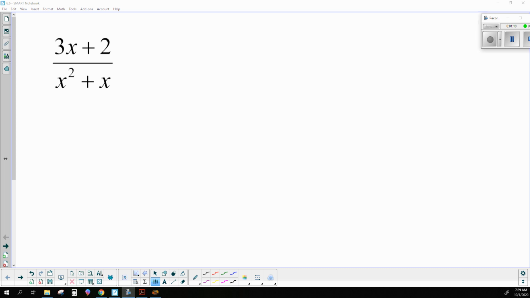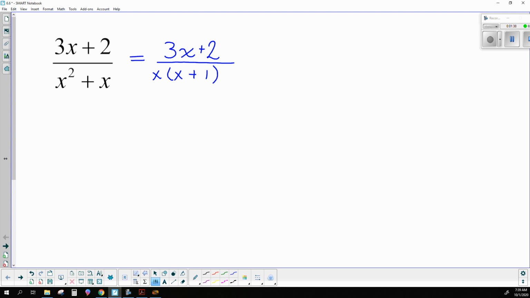The first step would be to factor the denominator. So if I'm going to factor the denominator on this one, that means the numerator gets to stay the same. And it looks like the denominator would break into something that looks like this. Okay?